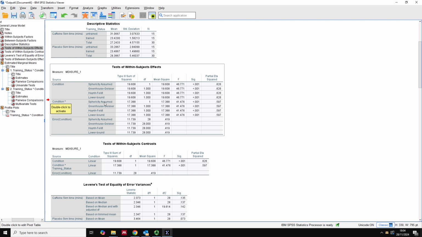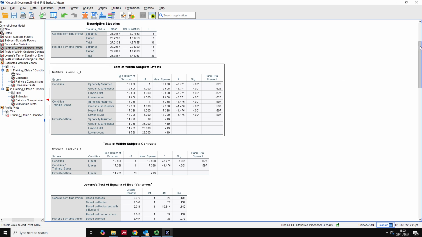We read off this top row, sphericity assumed, because we don't need to worry about sphericity as we only had two levels in our within subjects factor. We can see that this sig value, or p-value, is less than 0.001, highly significant. That's associated with a partial eta squared of 0.597, which is also a large effect. Cool. We've got an interaction effect present.